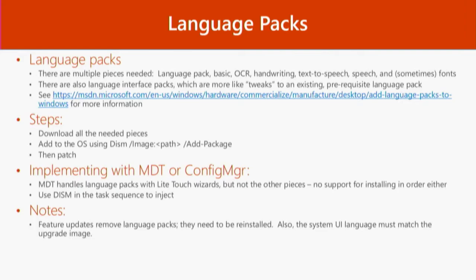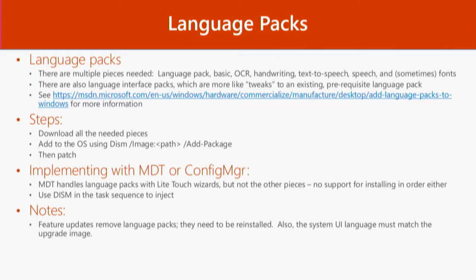So if we look at a web page that describes that, there's a document that talks about adding language packs to Windows. And in that, it talks about the language pack itself, and then it says that there are other things like basic and text-to-speech and speech recognition and fonts and optical character recognition and handwriting recognition. So all of those become separate cab files.